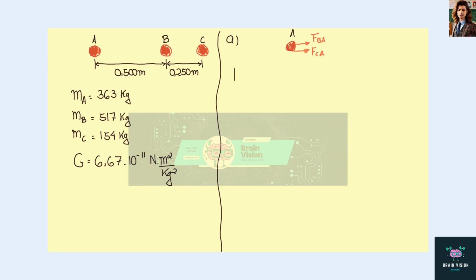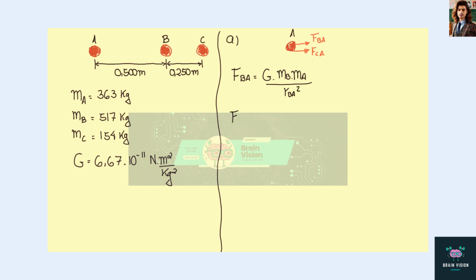The magnitude of the force provoked by particle B on particle A is equal to G times the mass of particle B times the mass of particle A divided by the distance between particle B and particle A squared.